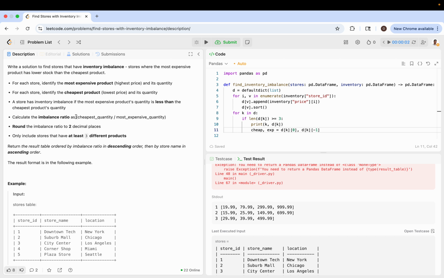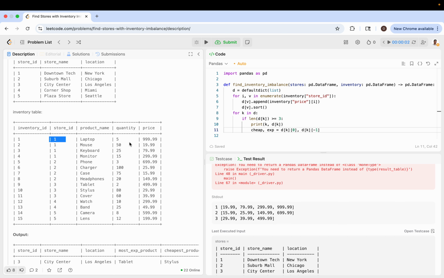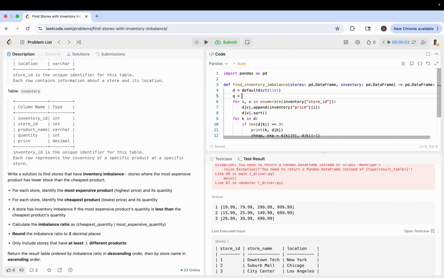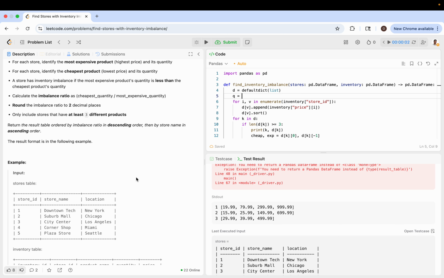So let's go ahead and take care of the quantity first. So that's going to be the combination of the store ID and the price, because we're looking at the cheapest price and the most expensive price for each store ID. So let's go ahead and say q is a dictionary because they're going to be unique, right?